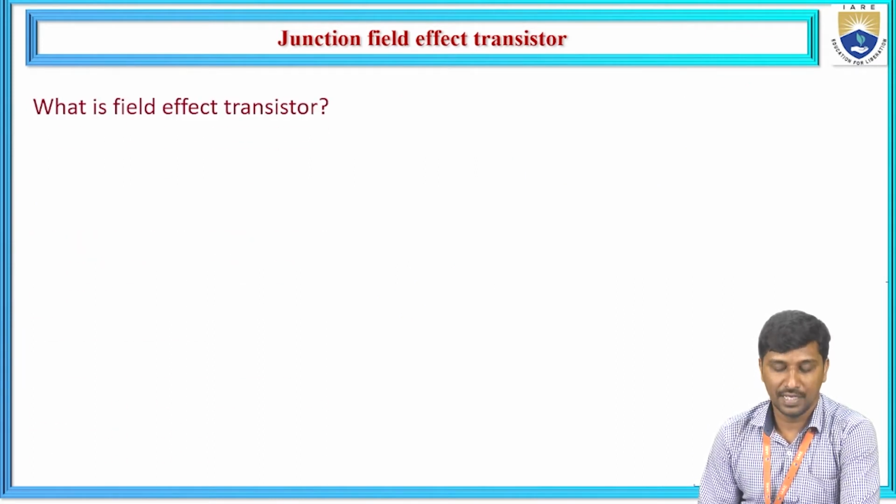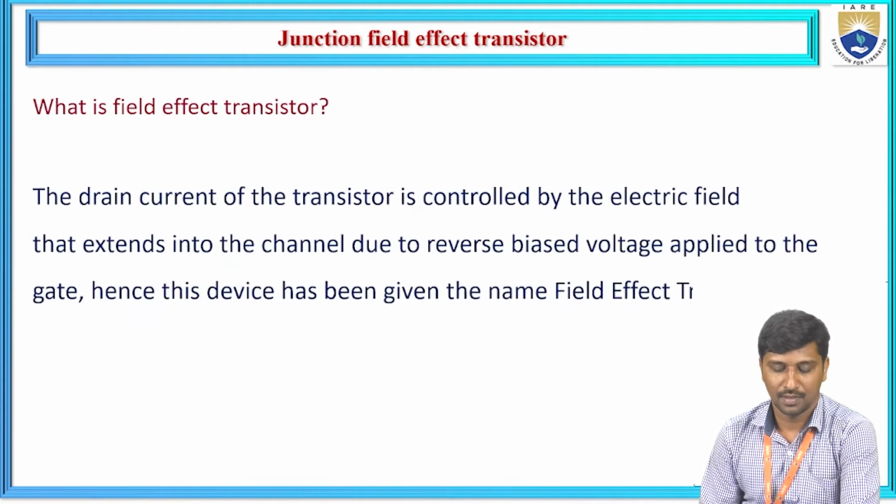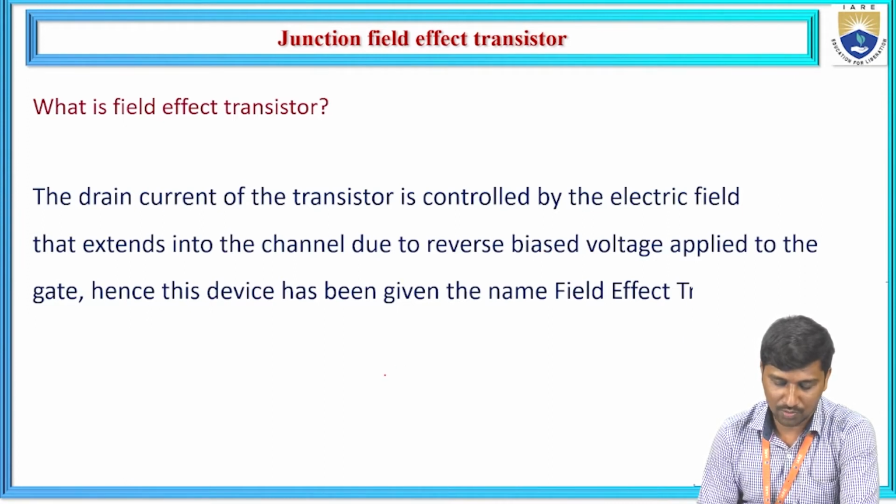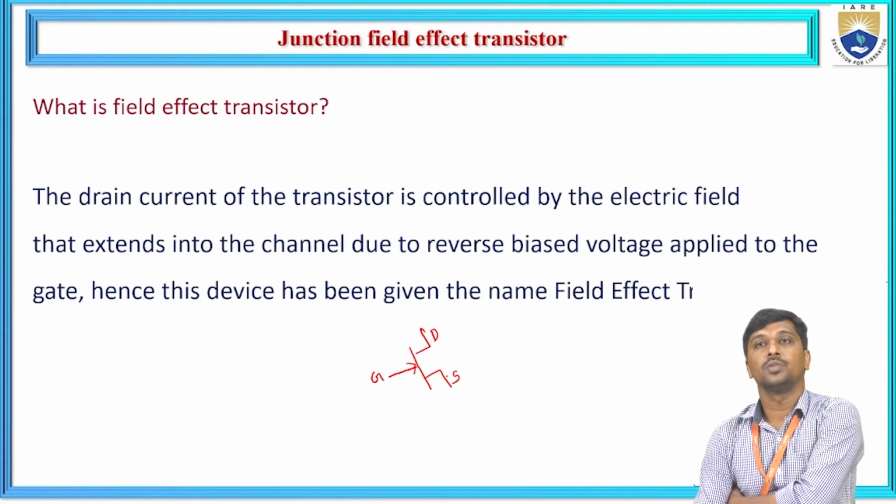Now, what is a field effect transistor? Here, the drain current of the transistor is controlled by an electric field that extends in the channel due to reverse bias voltage. Why? Let us take most of the cases. This is an N channel JFET, and let us consider this as gate, drain, and source.